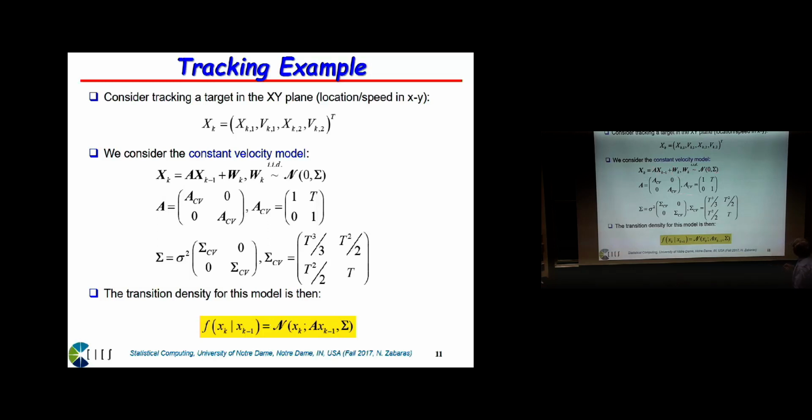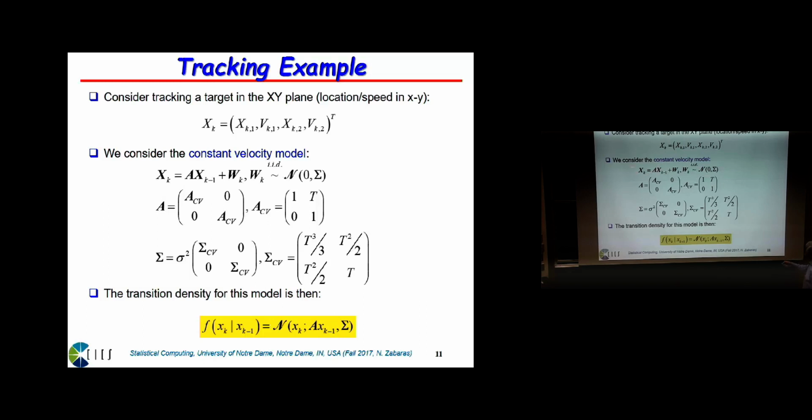Since the first component is displacement, location, and the second one is velocity, you can see that this is sort of a time integration equation, right? You can see, for example, that the x coordinate at time k is really the x coordinate at time k minus 1 plus T times the corresponding velocity, plus some noise.